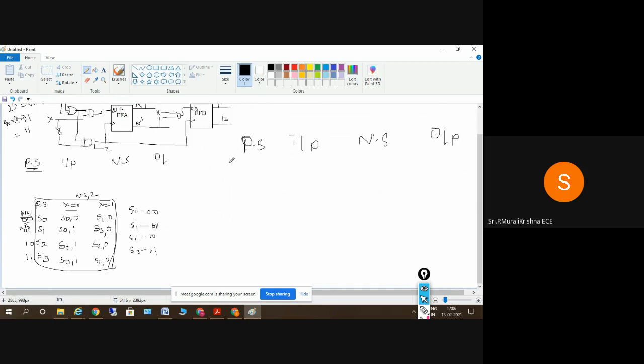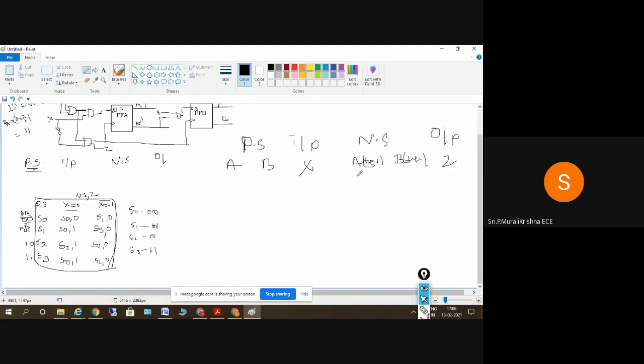Present state: we have two flip-flops, A, B, and the input is X here, and the next state is A of t plus 1 and B of t plus 1. This is the method we'll generally follow, so we'll just go with this method only. And the output is Z.